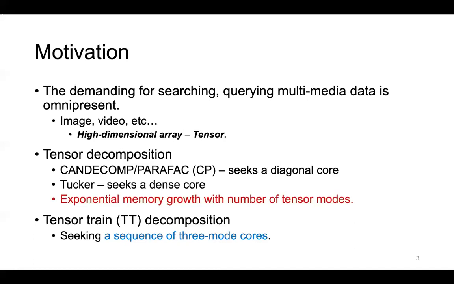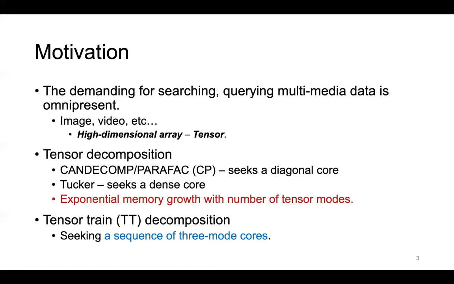For example, in CP, after the decomposition, we have multiple vector matrices and also a diagonal core. And for Tucker, after the decomposition, we also have multiple vector matrices and a dense core tensor. However, these two approaches have a potential issue, which is exponential memory growth with the number of tensor modes.